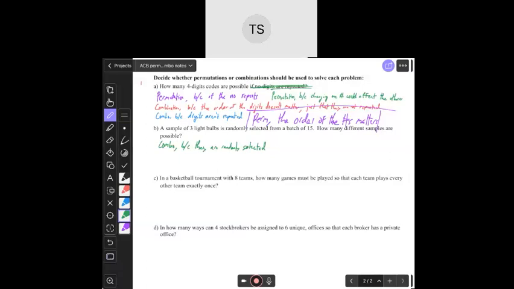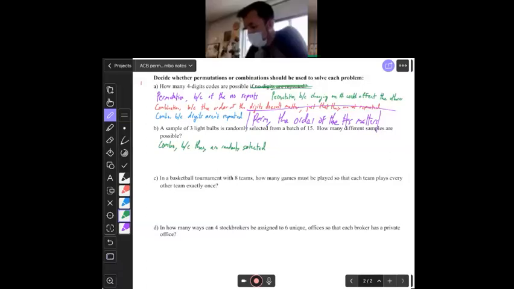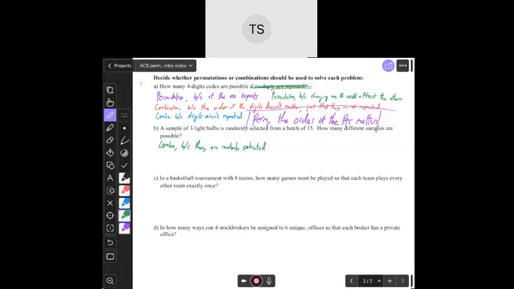So, is this a combination or is this a permutation? A combination. Why's that? Because the order doesn't matter. Okay, order doesn't matter. All right. Anybody think it's a permutation?